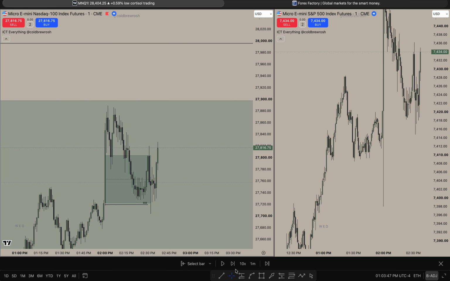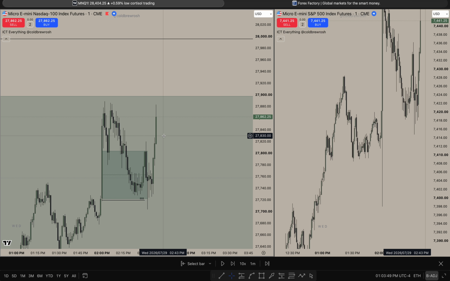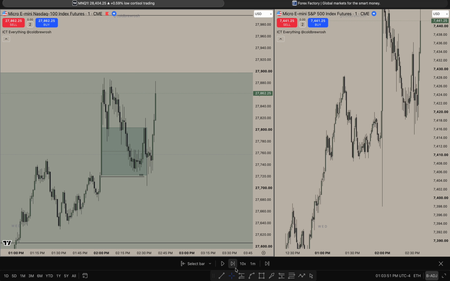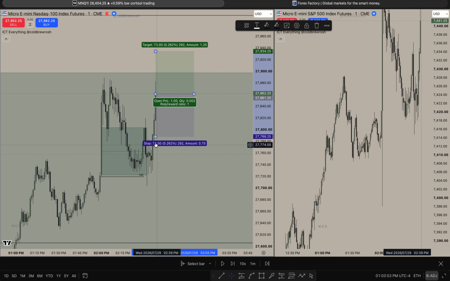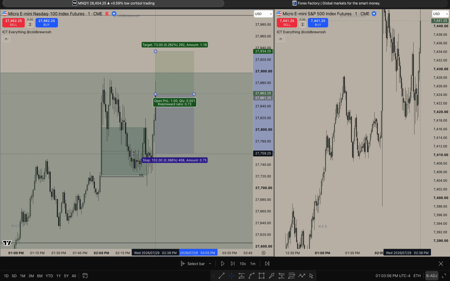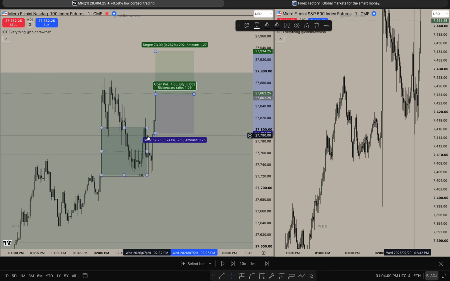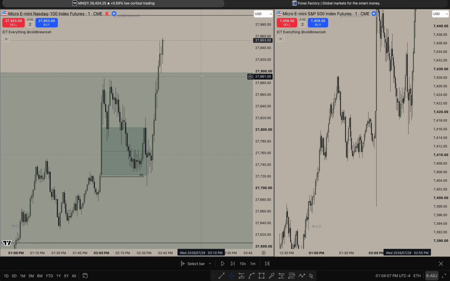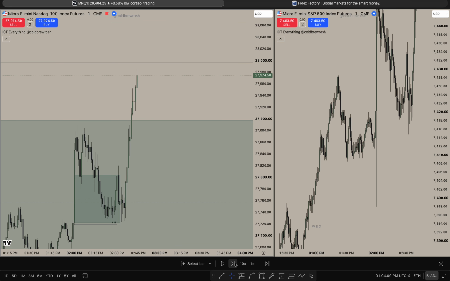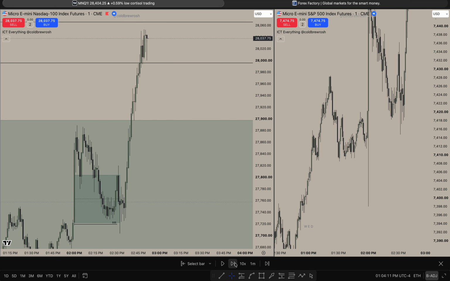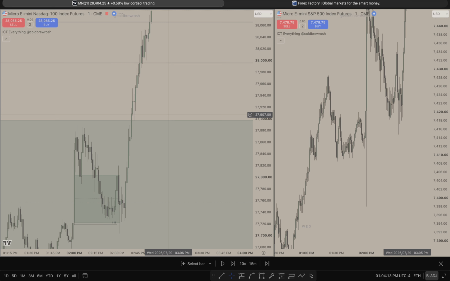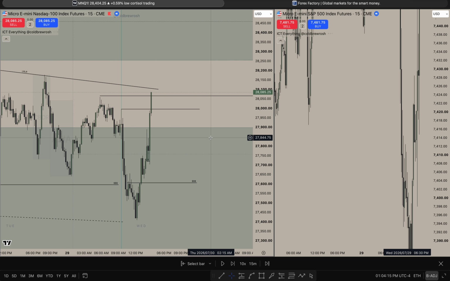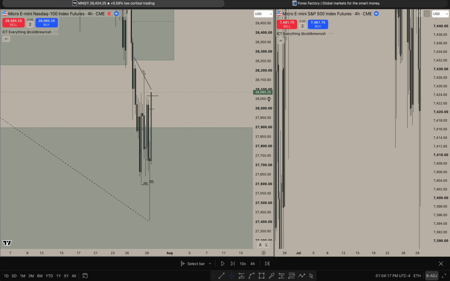But then, bam, we get this candle, which kind of defeats the purpose of taking this because now my stop is so far gone, and if I wanted to put it up here, it would be bad because if we retrace, I'm probably going to get stopped out. But it ends up going to full TP with literally no down close candles. And that was an amazing trade that I missed out on, but it is what it is, my brother.